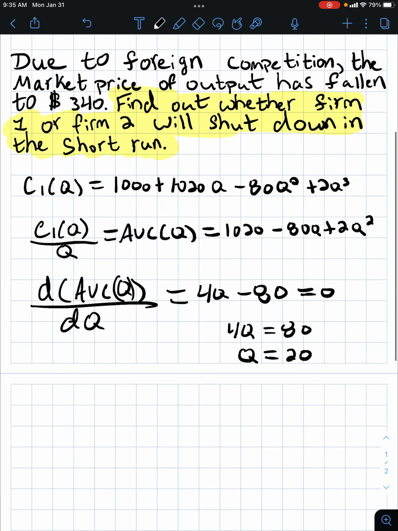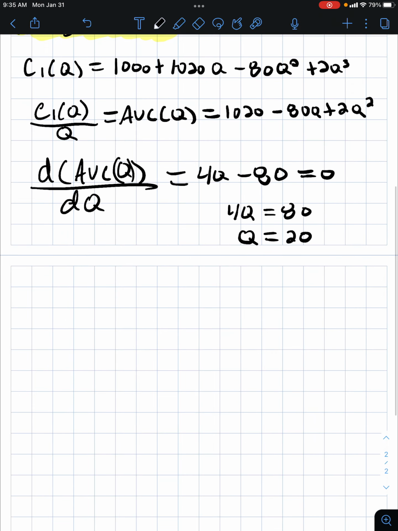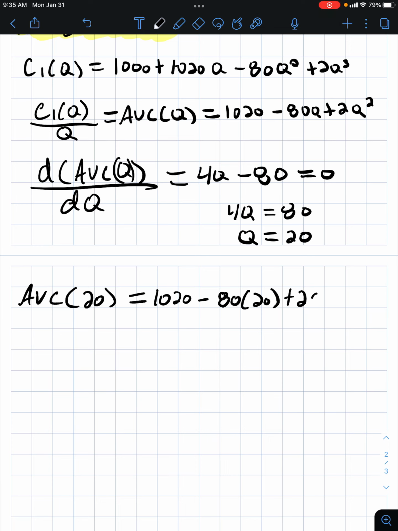So now that we found our cost minimization Q, we plug Q into our average variable cost. So average variable cost of 20 gives us 1020 minus 80 times 20 plus 2 times 20 squared.